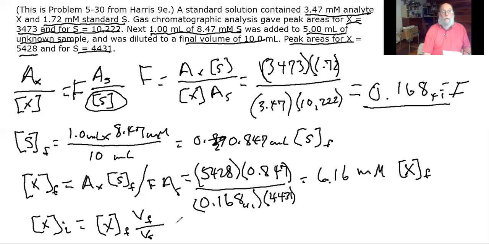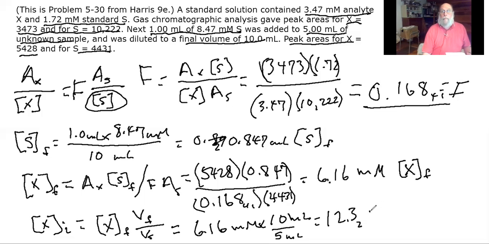And that equals our 6.16 millimolar. And we started with 5 mils of sample and diluted it up to 10 mils. So our dilution factor is 2, and we end up at the end of the day with 12.32 millimolar of X.